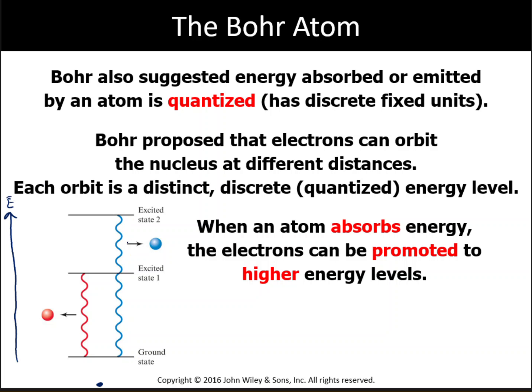These energy levels, ground state, excited state, represent the energy levels around the atom. The energy level that's closest to the nucleus is going to be the ground state. Ground state has the lowest energy possible, and as you get further away from the nucleus, the energy increases.